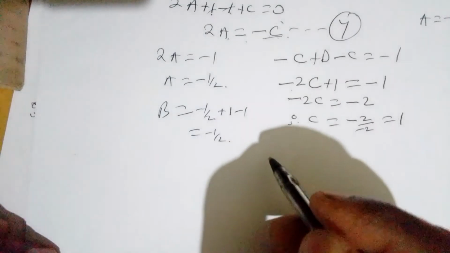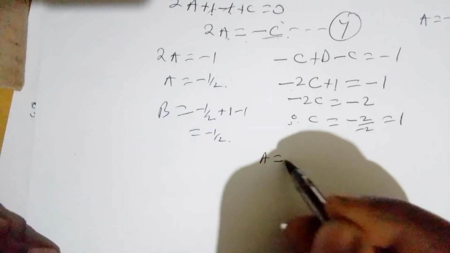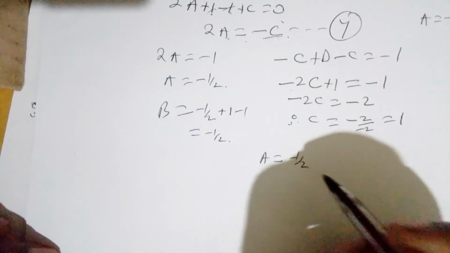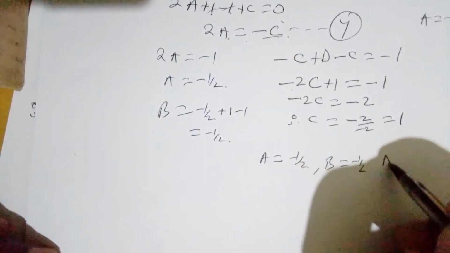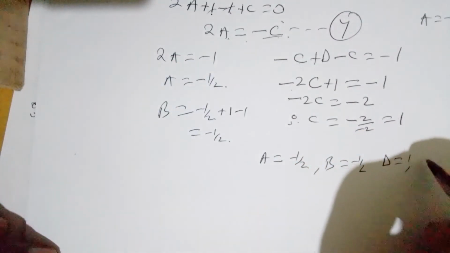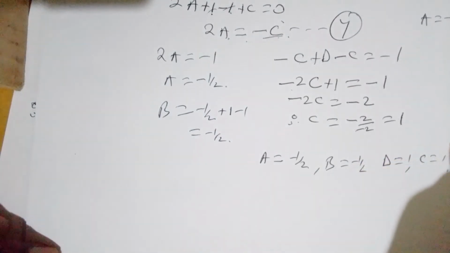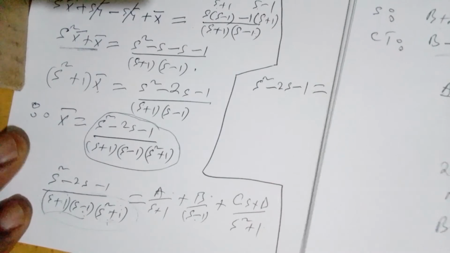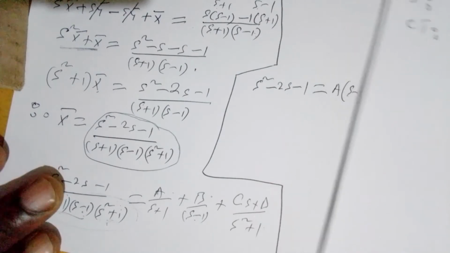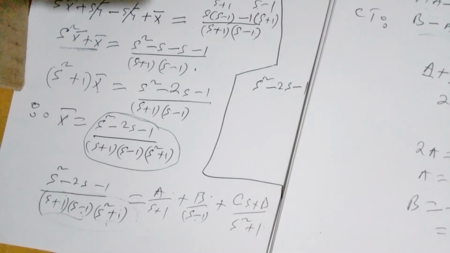So what we are saying is that a equals negative a half, b equals negative a half, d equals 1, c equals 1. And do you remember our equation, which is this one?